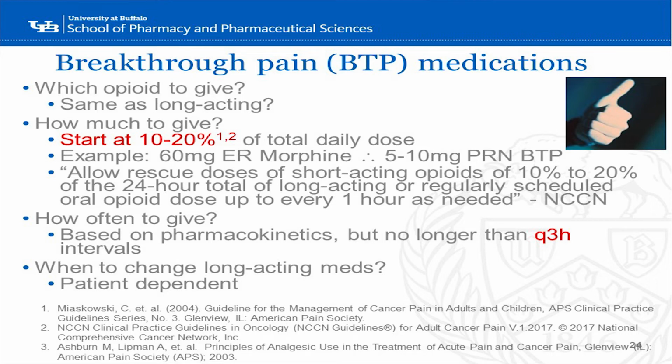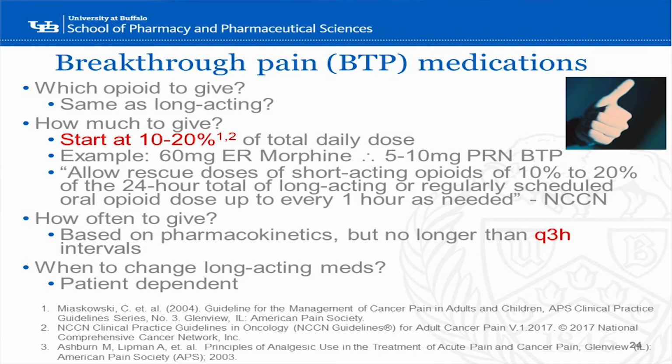Sometimes you might want to give more, toward the higher end of that range. There is some evidence to say you can give a higher breakthrough dose, but you want to at least start with 10 to 20%. You don't want to give too little. One of my former residents used to say, if we give too little, it's just like spitting in the ocean. There is really no benefit from it.